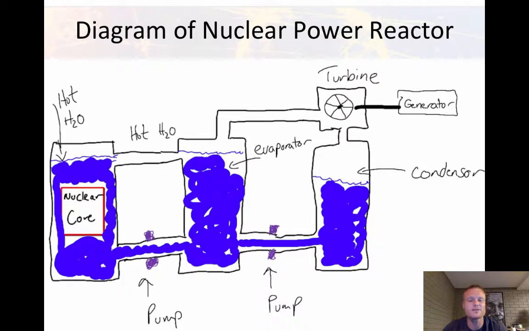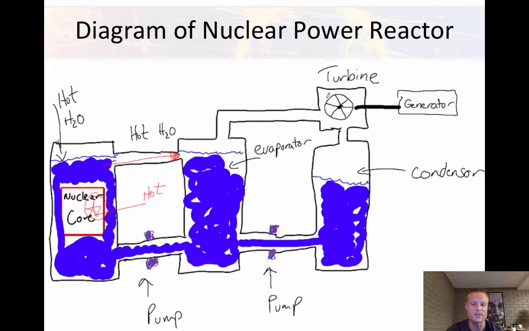So this is a little diagram of a nuclear power plant. So let me get my pen out here. Here is the nuclear core right here. And what's going on is you've got these fission reactions going on. And this is really hot, because there's a lot of energy being released in the form of heat. That heat heats up this water. And that water is then moved into this chamber right over here, where it starts to evaporate.